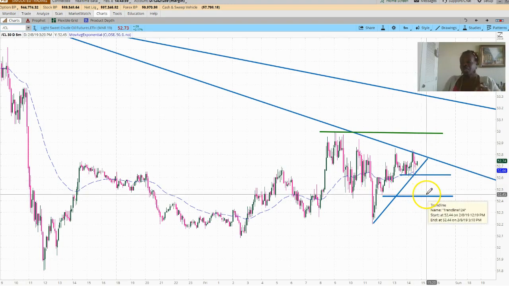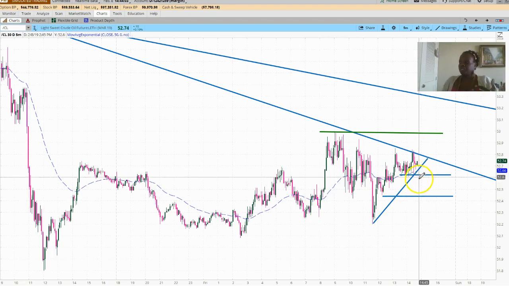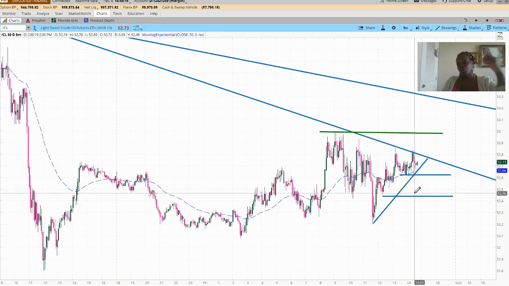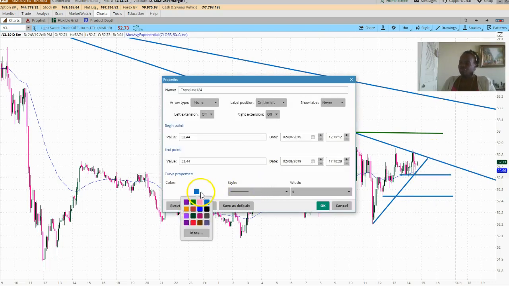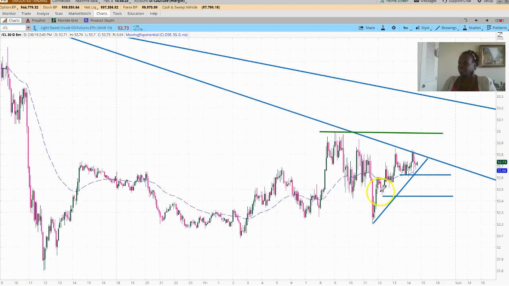Now, you don't want to take the trade all the way to the support area, because remember, this is an area of resistance, and you don't know what it's going to do. But that's just your target area. Like I said, I'll just change it to another color, and I call it my money line. So that's my money line right there.